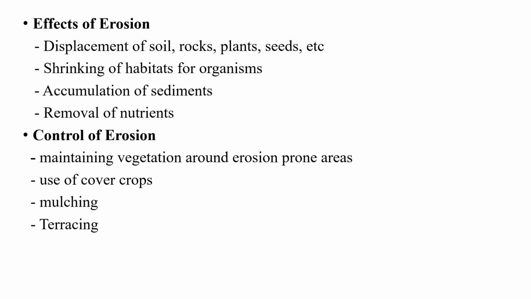Then another one is use of cover crops. In a place where erosion is taking place, we can plant cover crops. Cover crops are crops that are referred to as, let me say, runners. That is, they don't grow tall. When you plant them, they grow, and as they increase in length, they cover the surface of the soil. And how these control erosion is, when rain falls, instead of the raindrops eating the soil directly and washing the nutrients or the soil away, it will fall on the leaf surface.